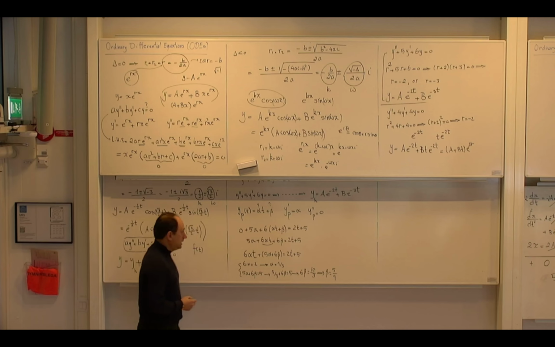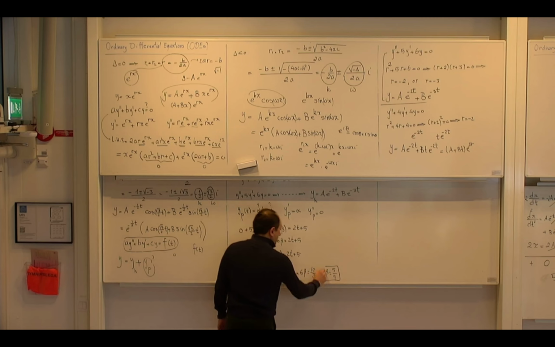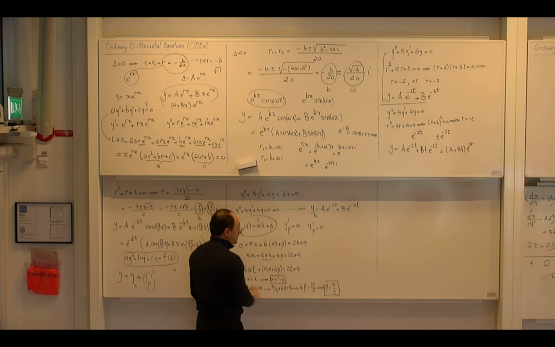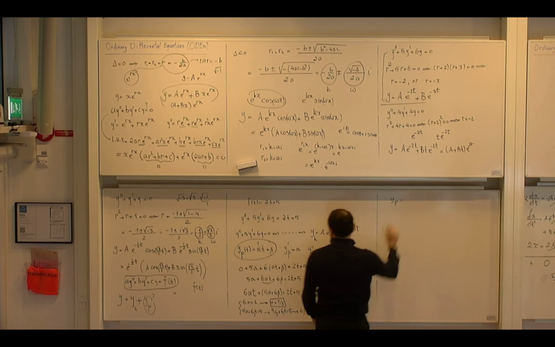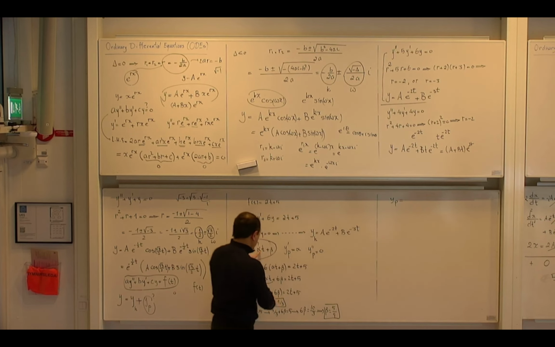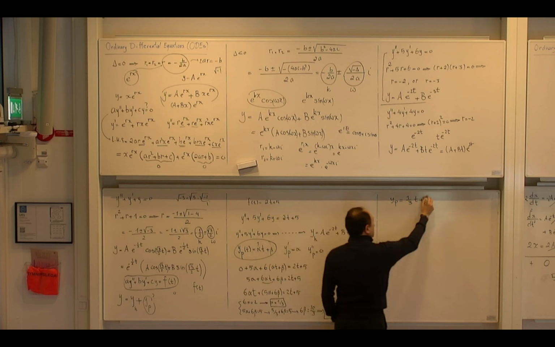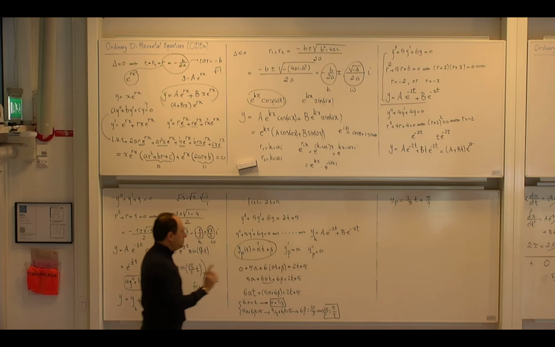Now I know what alpha is, I know what beta is, so it means I know my particular solution as well. I plug them back. So y particular becomes what? Alpha, which is 1/3, times t plus beta, 5/9. Before just continuing, let me tell you something.